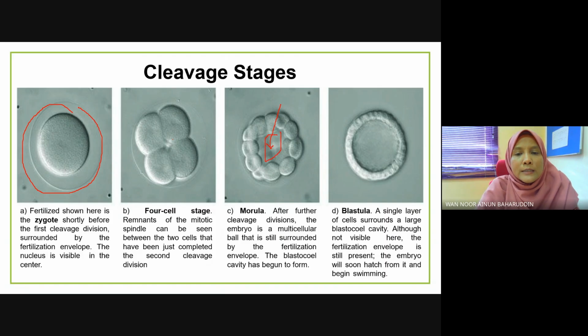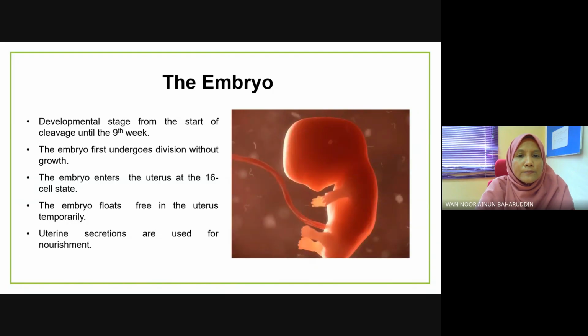The blastula is a single layer of cells that surrounds a large blastocoele cavity. So this is what we call the blastula. Although it is not visible here, the fertilization envelope is still present, and it will soon hatch from it and begin to swim to the uterus.